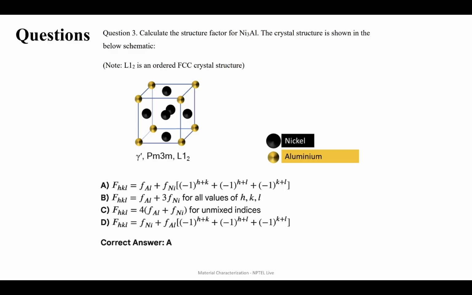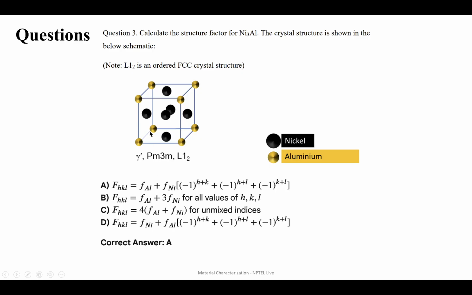As you can see here, the aluminium is occupying only the corner position, so the coordinate for aluminium will be 0, 0, 0, and nickel is occupying only the face centered positions. So the coordinates for nickel will be half, half, 0; half, 0, half; and 0, half, half.